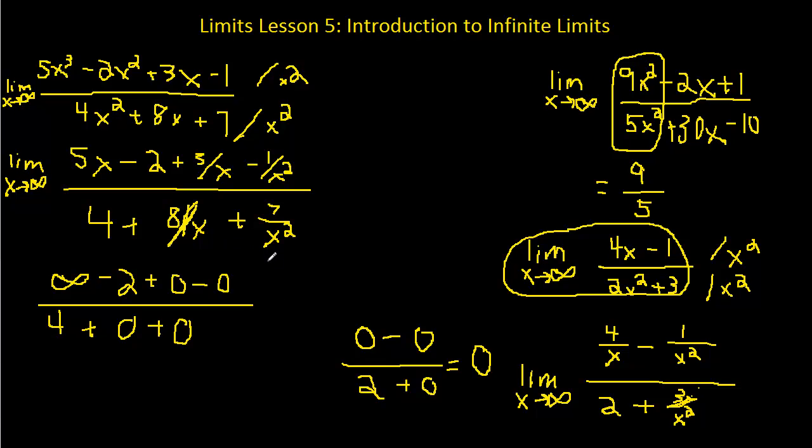Now, if you look at this, you can look at these first terms and say that, okay, the top's going to dominate. The bottom never changes, and the top keeps growing higher and higher. So it's clearly just going to go to infinity.